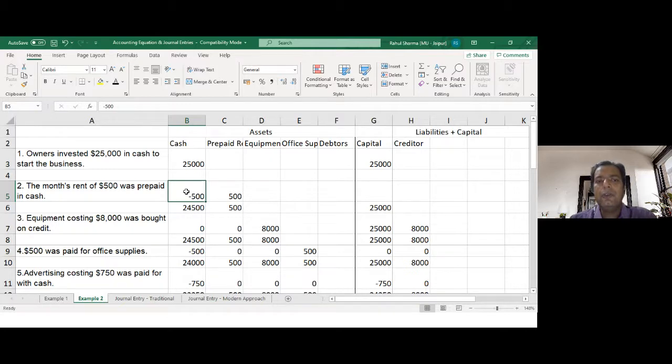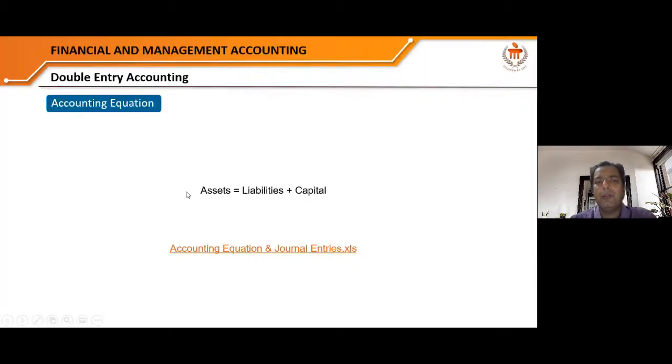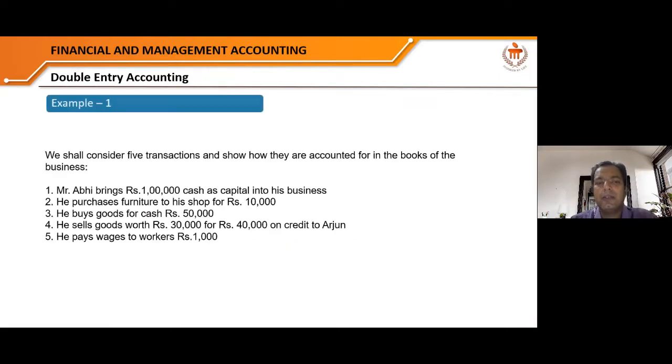So we move back to our PPT, and let's see what more we have here to learn. If we move to the next part of the PPT, this is what we did. This was our first example. And how does it look in a balance sheet? That's something which everybody should have a question about. This was an accounting equation, but how would it look in a balance sheet?